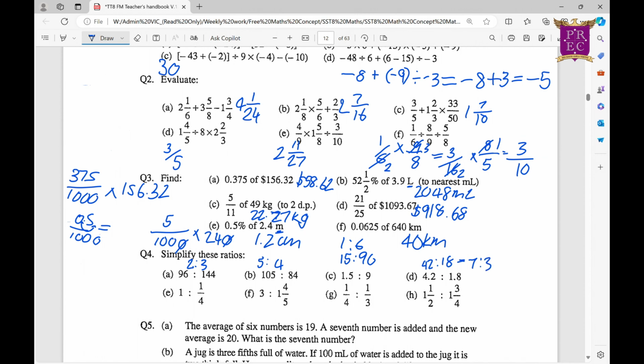Here what we do is we get this under the same denominator, so get 1 under 4, so it'll be 4 and 4. The ratio will be 4 to 1, okay? Because, just get rid of these ones, the ratio will just be 4 to 1. Same as this one, I'll just show you how to do it.